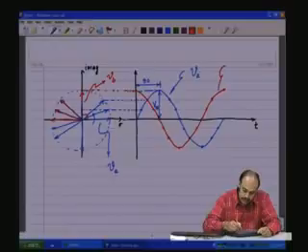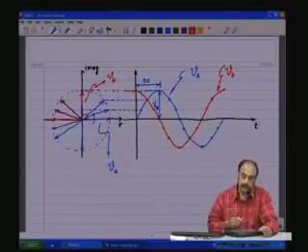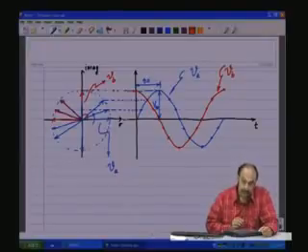So, what you get here, VB, is a cos wave. So, VA is a sine wave and VB is a cos wave.